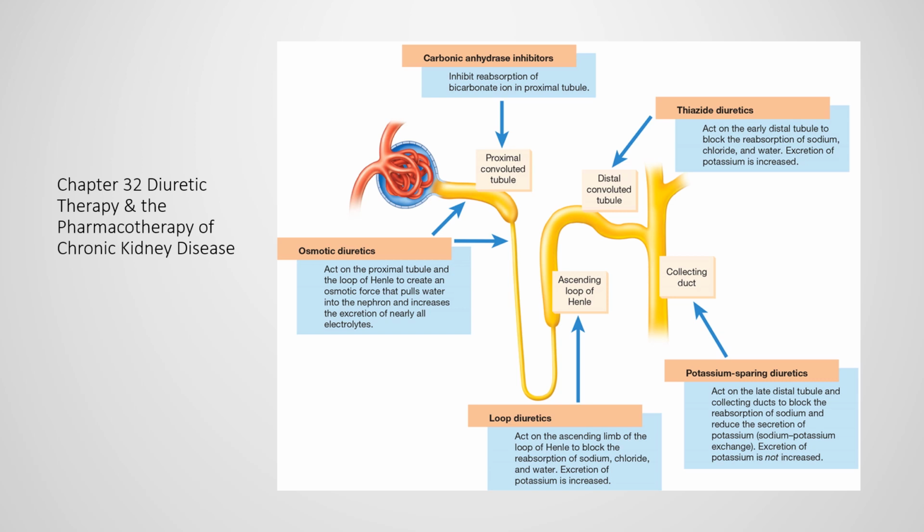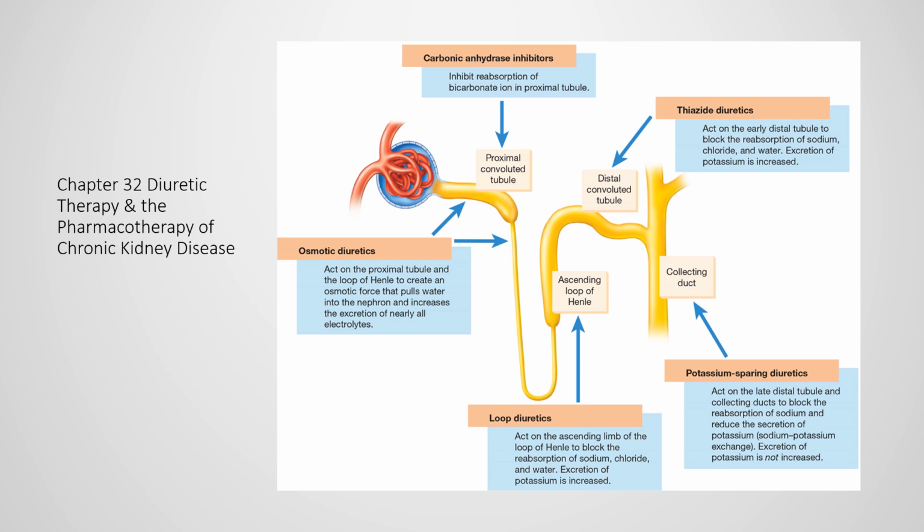Okay. So the potassium-sparing diuretics, and we'll talk about a couple of these, they drain you of some fluid. They drain you of sodium, but they don't drain you of potassium. And we'll talk about how that works a bit later when we're into those drugs. Okay.